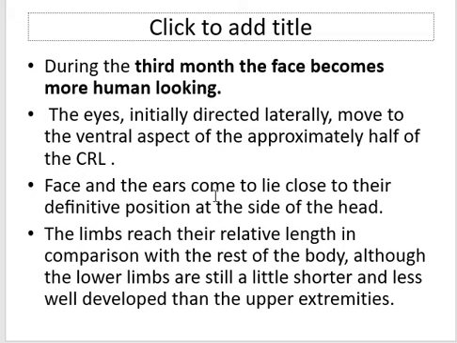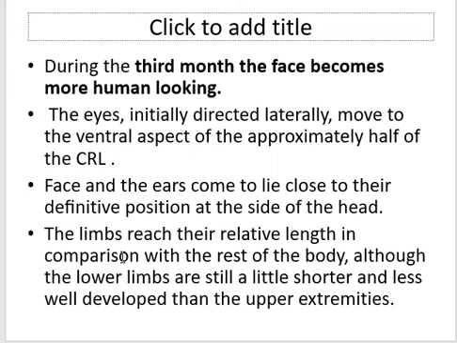The face and the ears come to lie close to their definitive position at the sides of the head. The limbs reach their relative length in comparison with the rest of the body, although the lower limbs are still a little shorter and less well developed than the upper extremities.